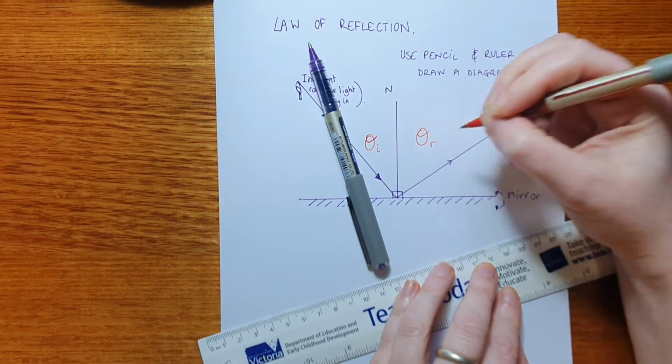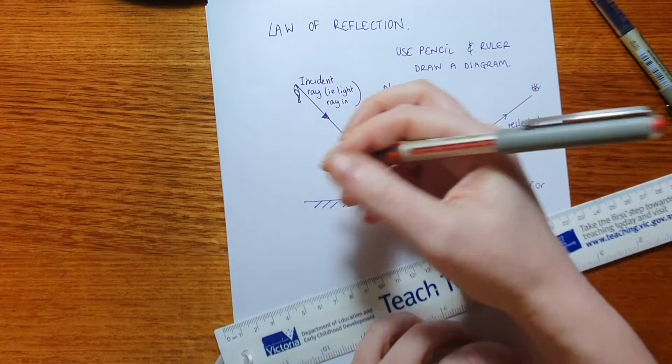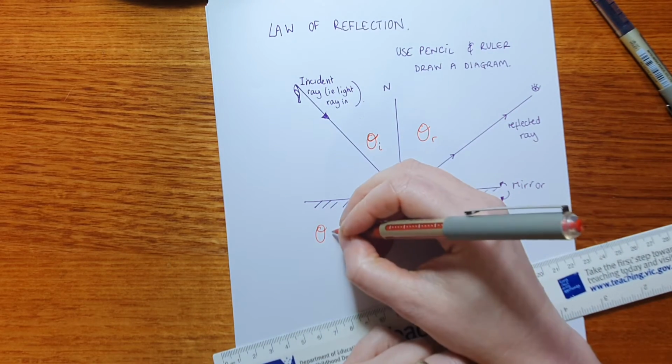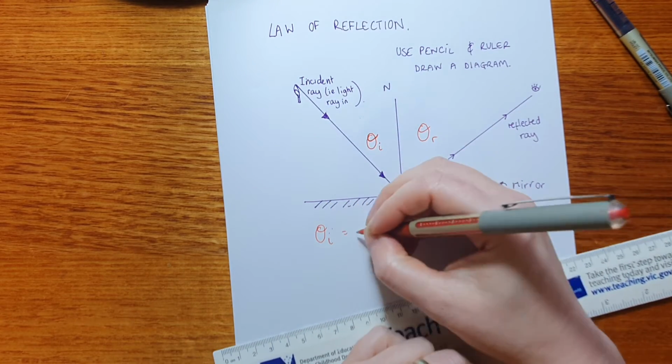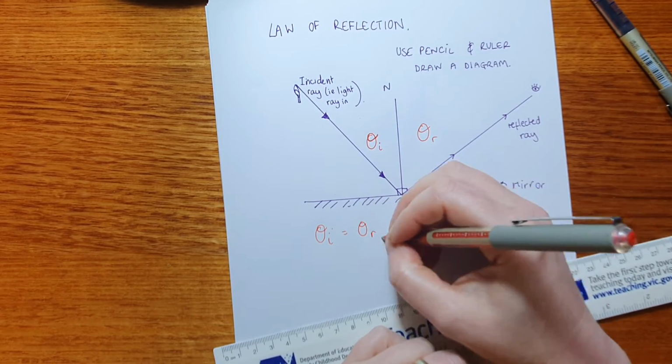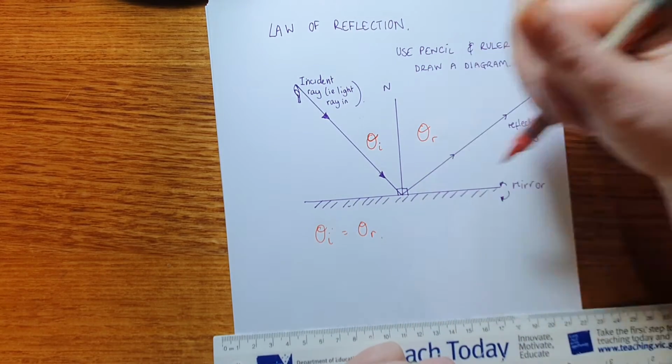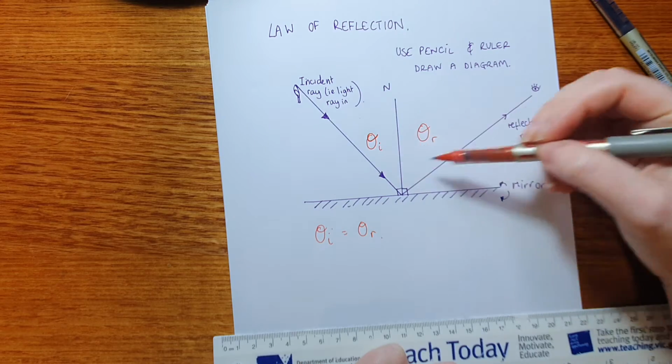We show theta R, and theta I is equal to theta R. That doesn't even look close.